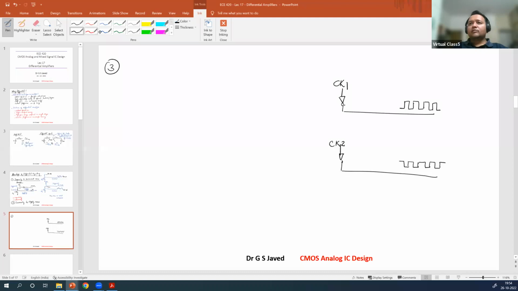Now, in between them, if you have a high-speed analog signal passing through it, then both will impact each other. So this is going to be a signal that is coming. Then the noise will get coupled from this to this circuit, this one to here. Both will get affected, so this is called noise coupling.